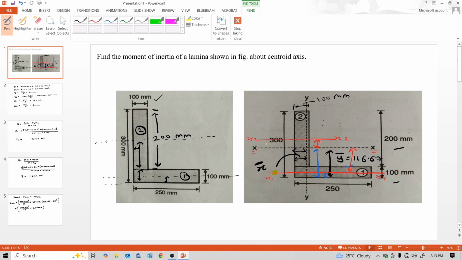This x2 distance is 200 mm from the bottom: 100 mm plus this 200 by 2, that means 100 mm, so 200 mm from the bottom, and 200 mm minus this 116.67 mm is this distance. So 200 minus 116.67.